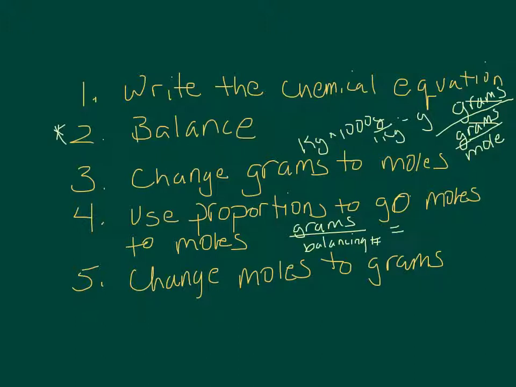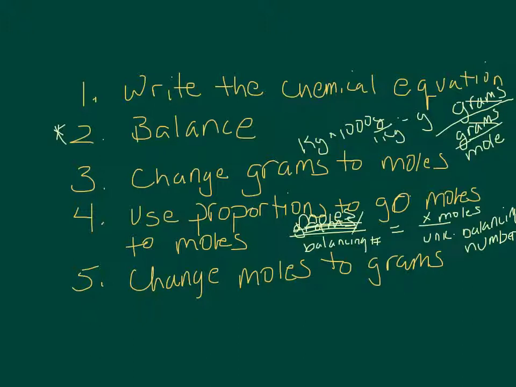Now that's going to equal our unknown, no, that's not grams here, sorry, it's moles. We're going to take whatever moles we have from number 3 and put it over the balancing number for that chemical, and then it equals the number of moles of our unknown over unknown's balancing number.